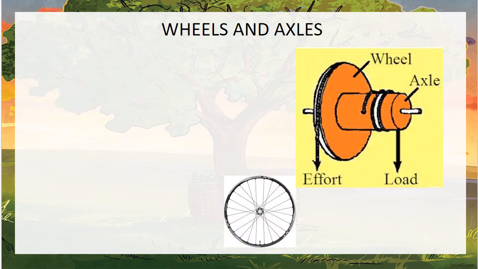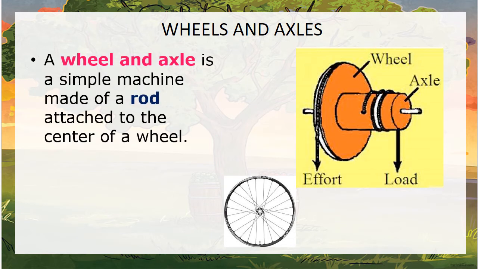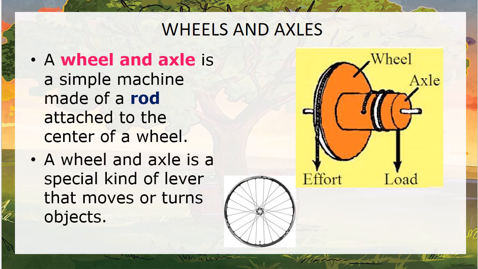Next, the wheel and axle. A wheel and axle is a simple machine made up of a rod attached to the center of a wheel. A wheel and axle is a special kind of lever that moves or turns objects.